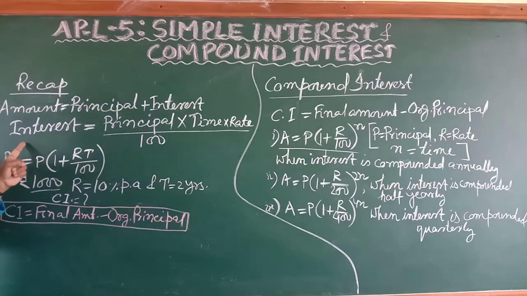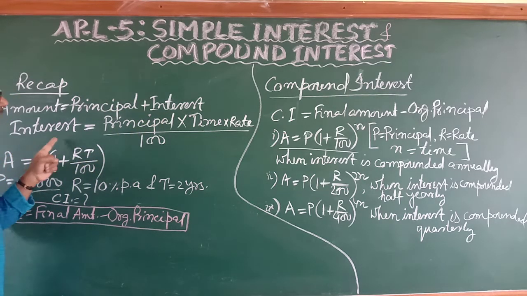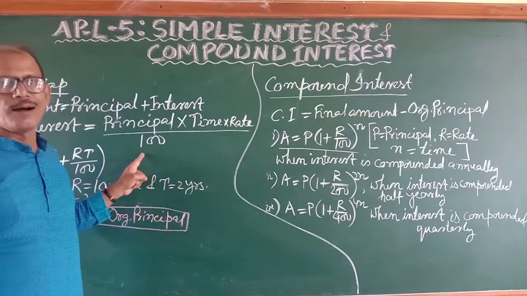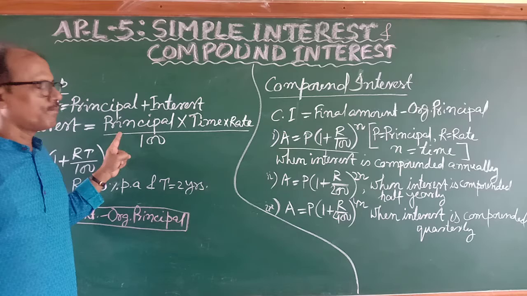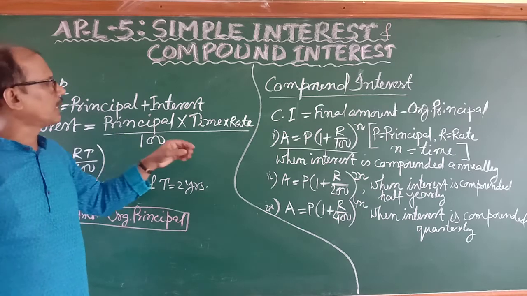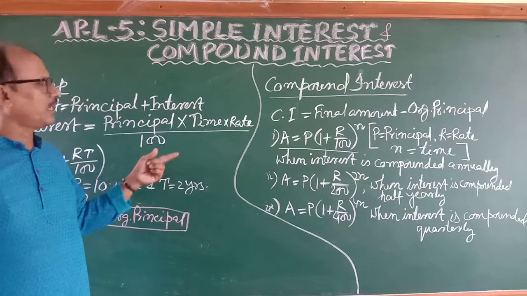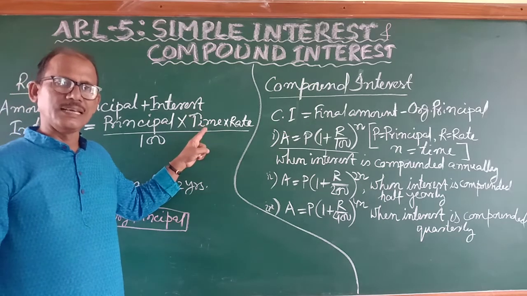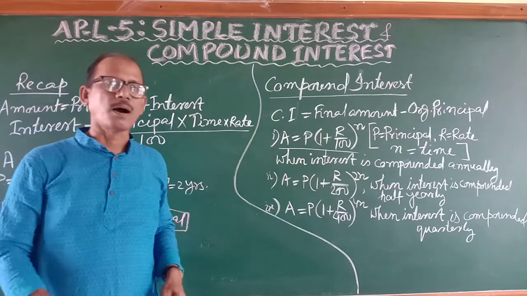The key formula for simple interest to find the interest is principal into time into rate divided by 100, PRT by 100 in short. Time we usually calculate in years, and rate is percentage per annum.